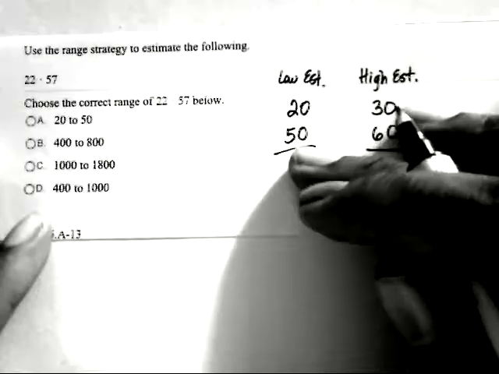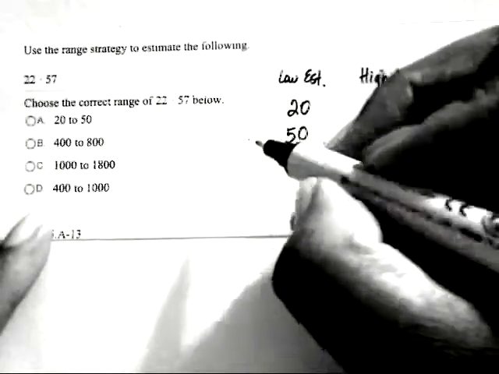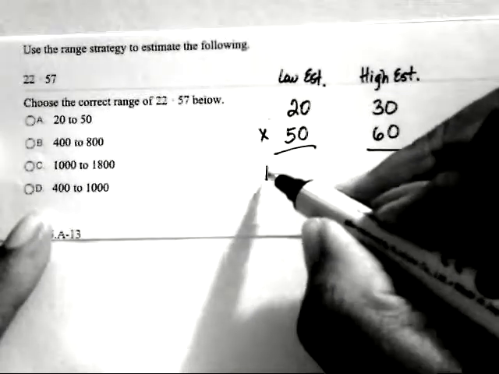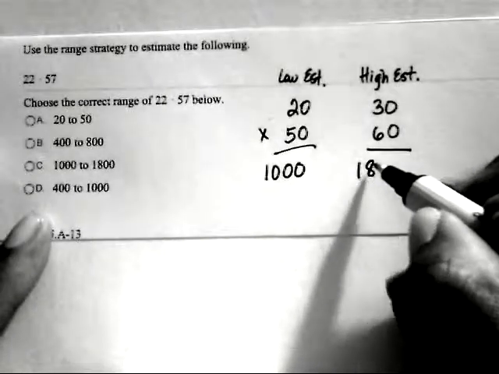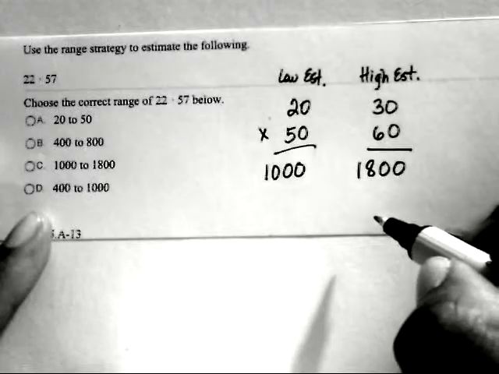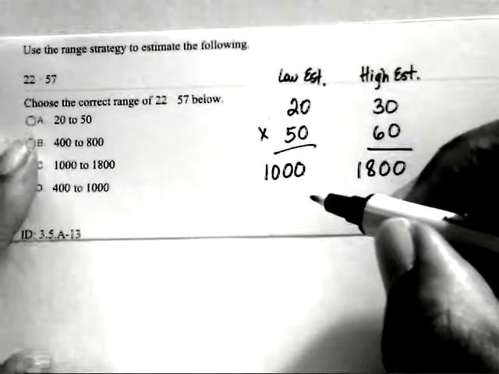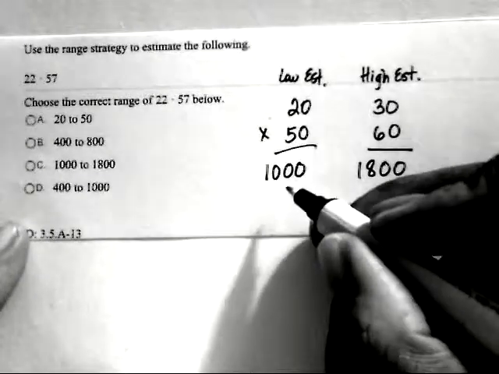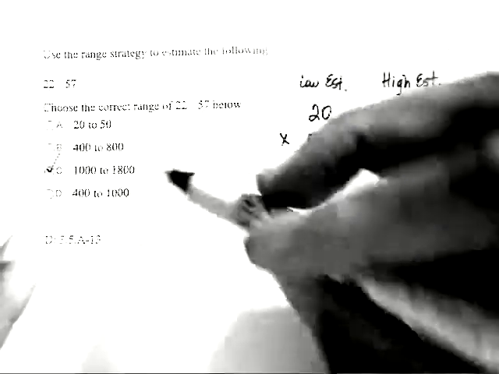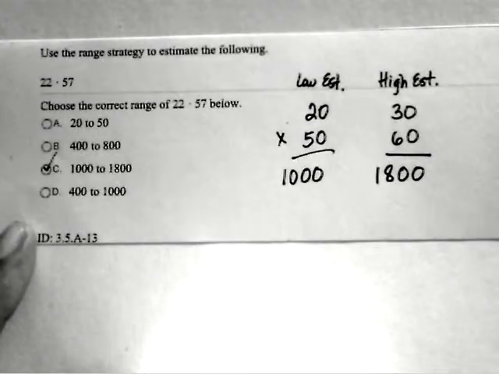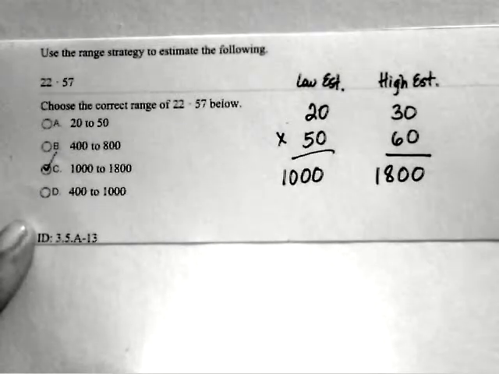Then I'm going to multiply my low estimates and my high estimates. 20 times 50 is 1,000. 30 times 60 is 1,800. So that means that the product of 22 times 57 will be between 1,000 and 1,800. Okay, that's how we use the range strategy to come up with an estimate of a product.